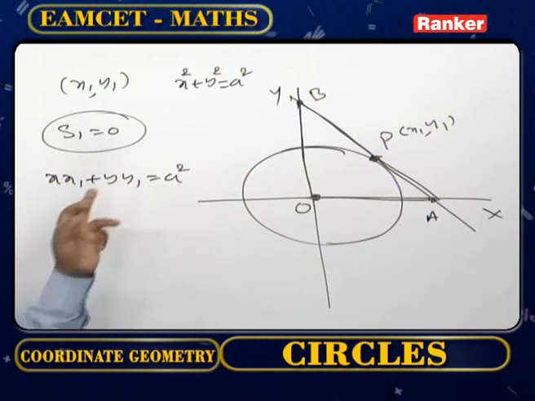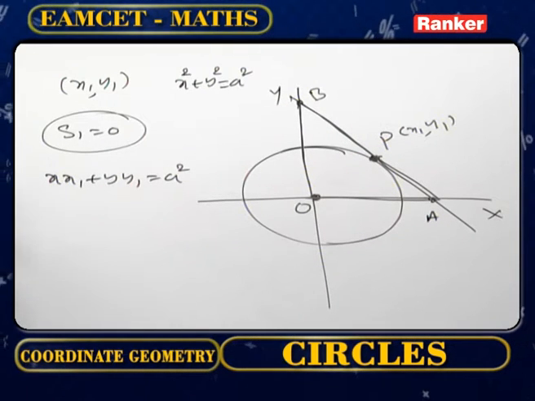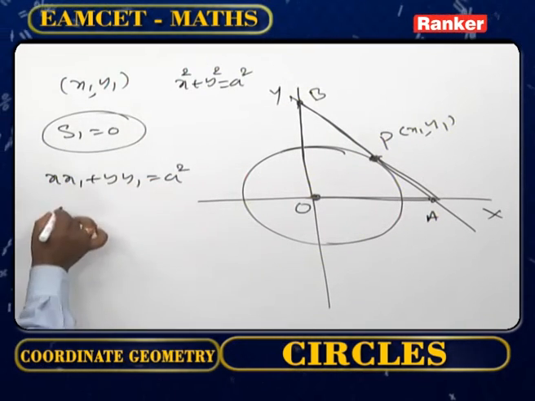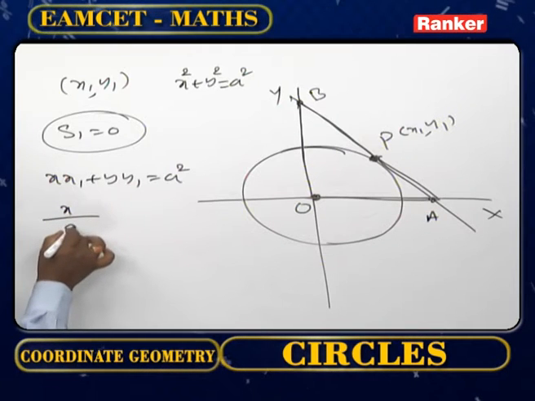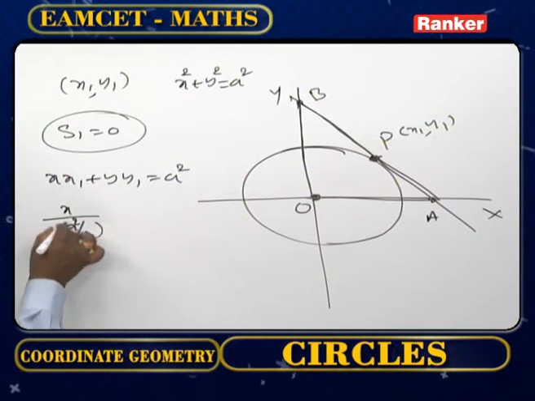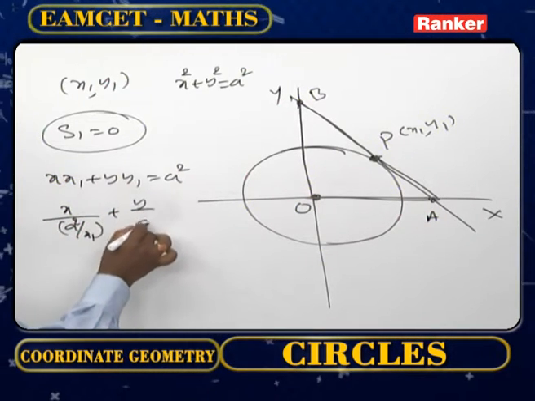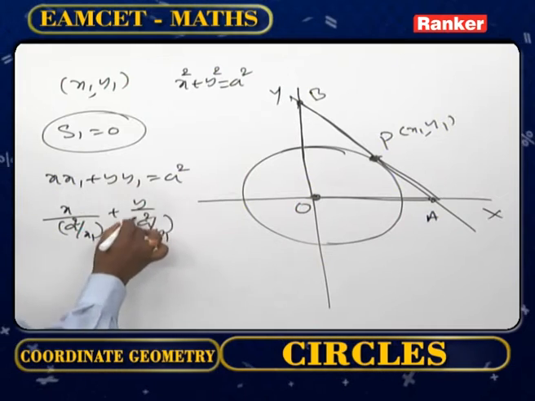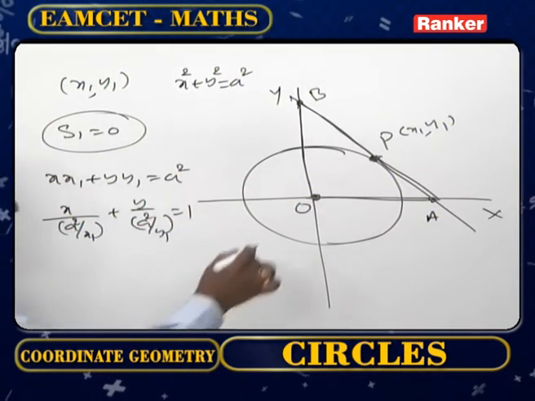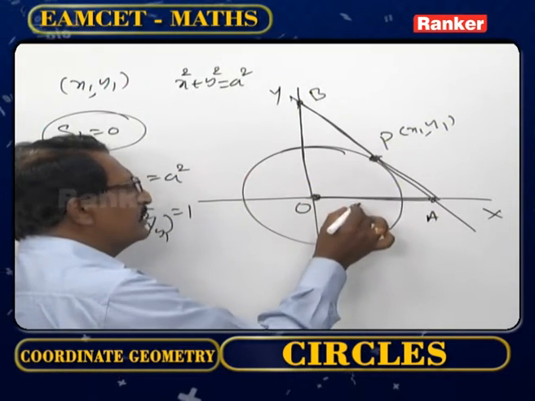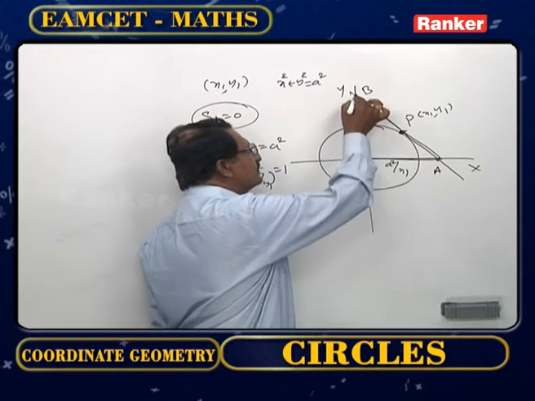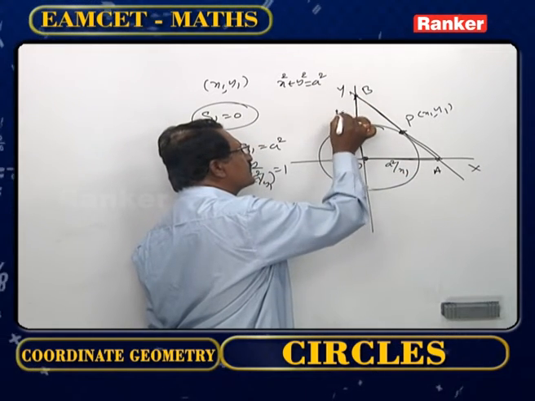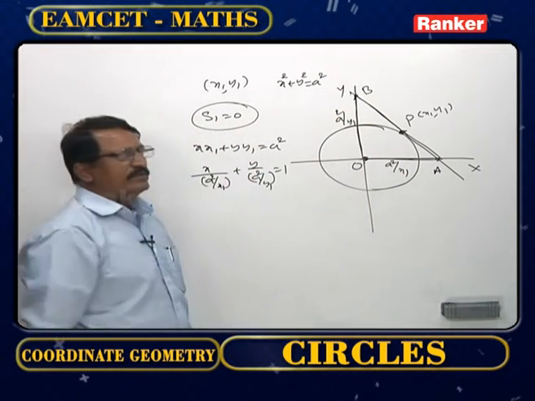Converting it into intercept form, we get x by (a square by x1) plus y by (a square by y1) equals 1. Now the x intercept OA equals a square by x1, and the y intercept OB equals a square by y1.